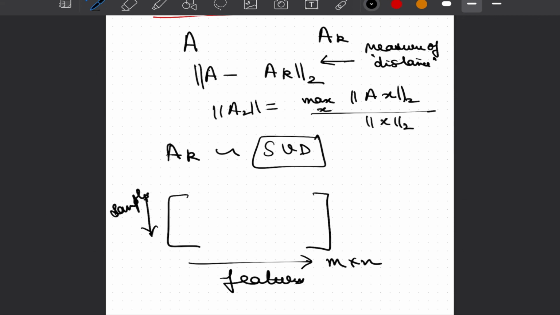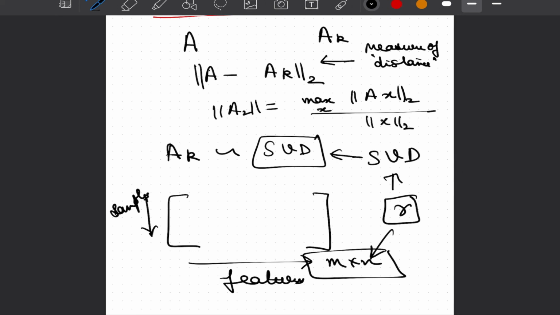As soon as you have this M cross N matrix, you can always reduce the dimensions to a lower order R, and SVD may not be a bad start if you are working with real data. In the description, I will post links to some IPython notebooks where we have worked on a real world dimensionality reduction problem, which will give you a fair idea of how these problems are solved.